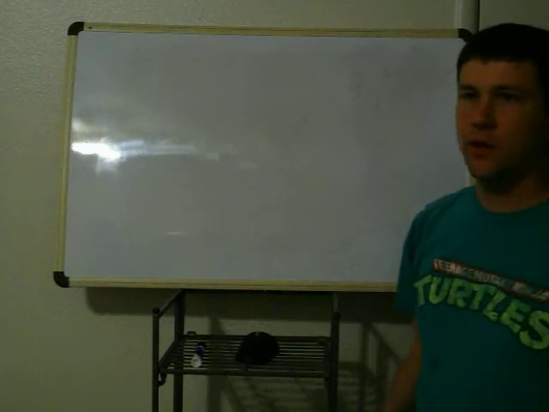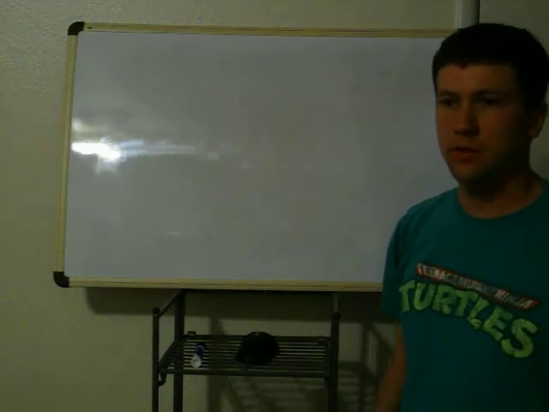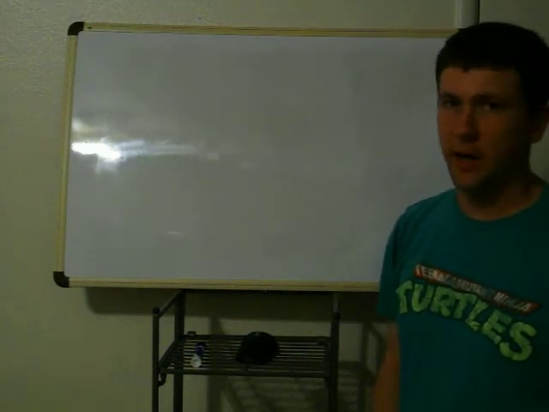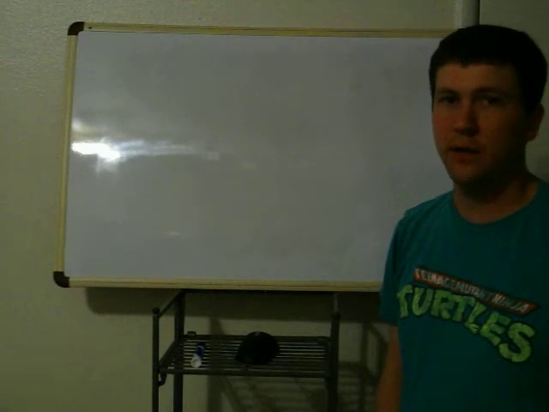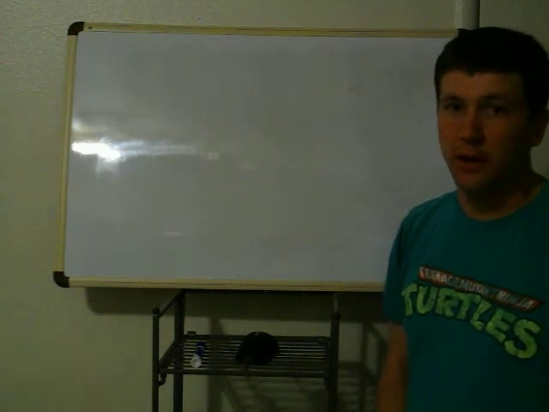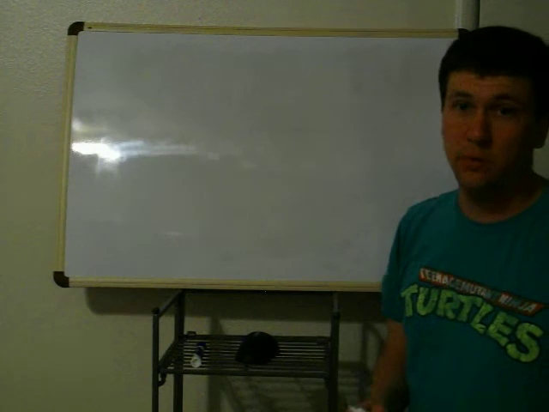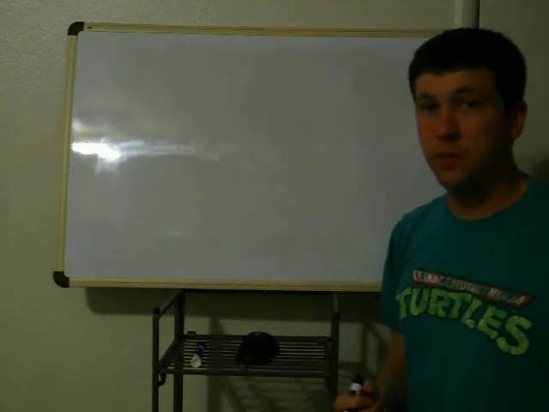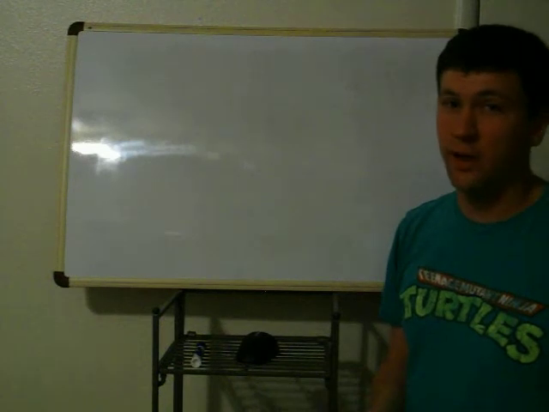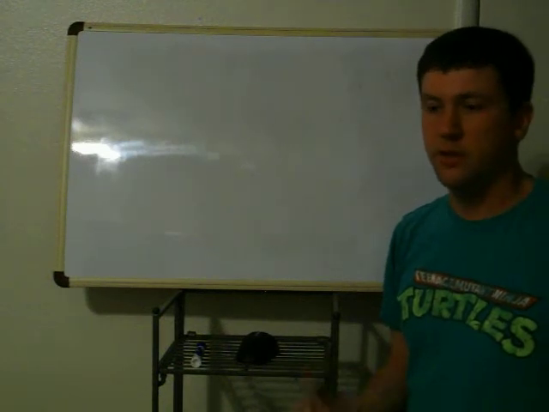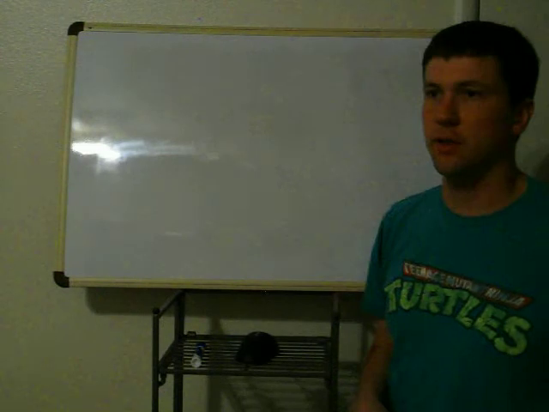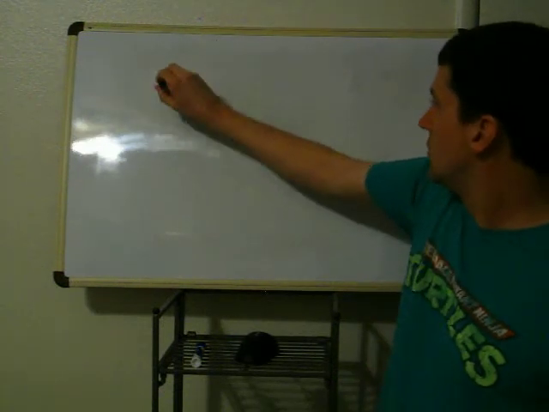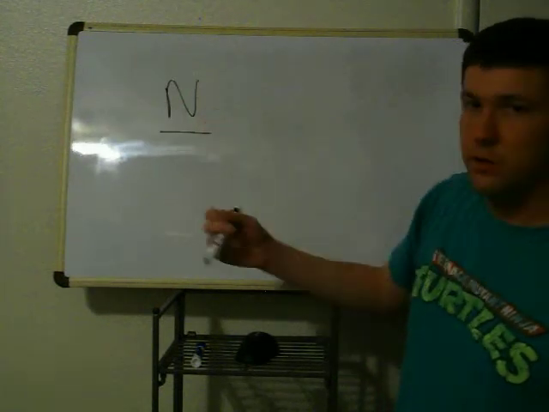Now, when we added or subtracted fractions, we had to have the same denominator. That's not the case with multiplying or dividing. So in some ways, it can be a little bit easier to do multiplying or dividing fractions versus adding or subtracting. So there's just a little formula that we have.